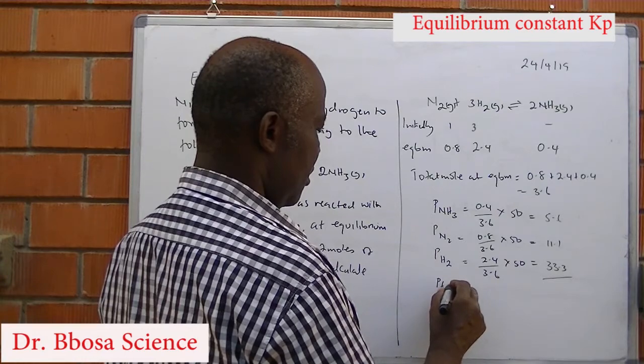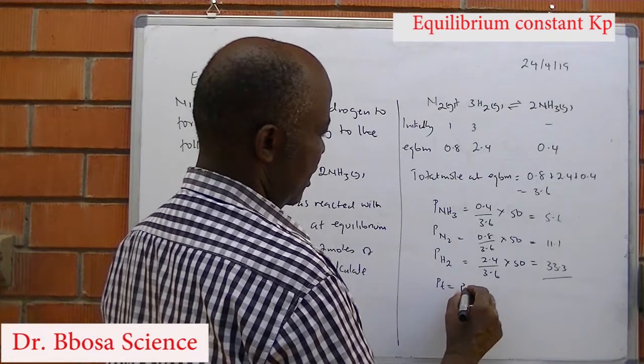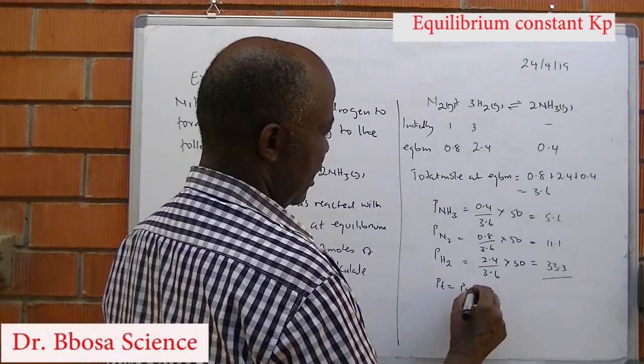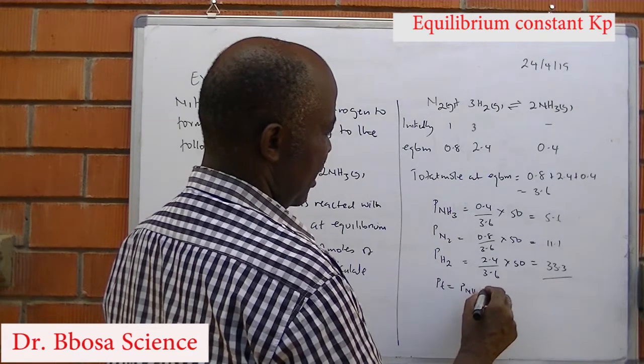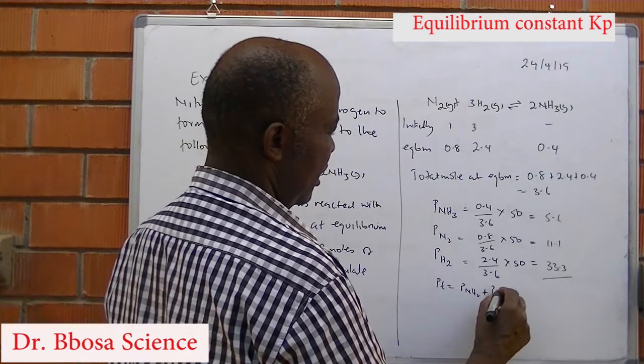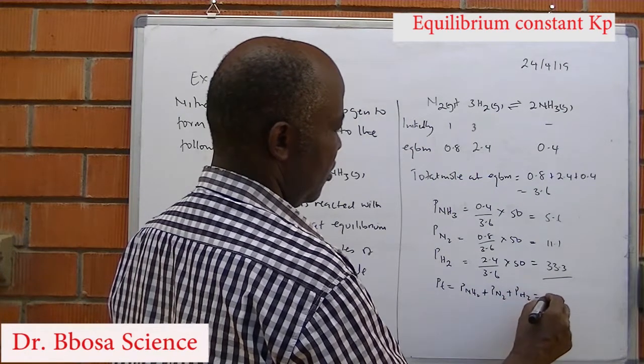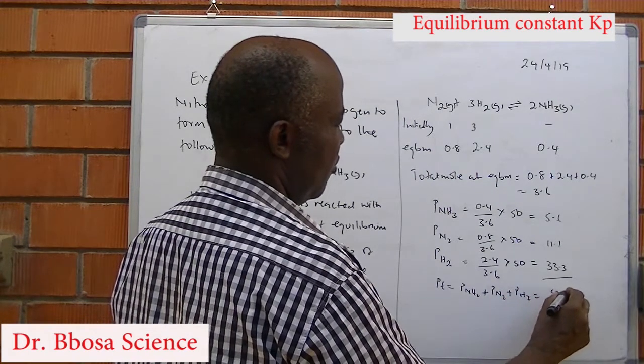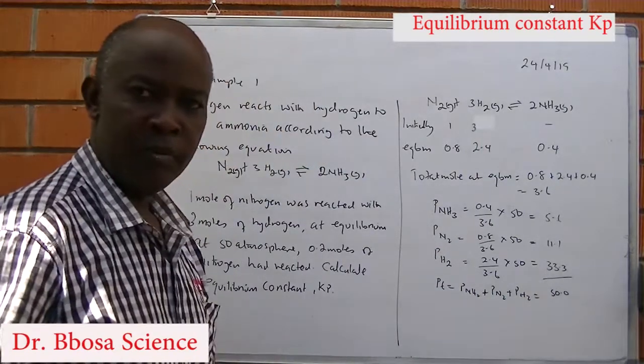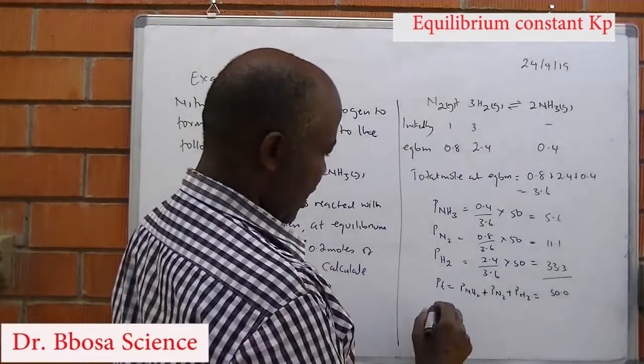Remember that P total is equal to PNH3 plus PN2 plus PH2, which is equal to 50.0 atmospheres.